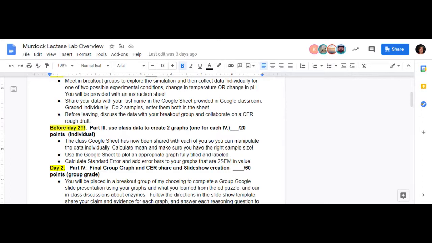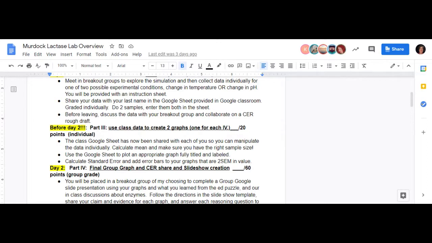If the axes are labeled, you get 2 points. If you have a graph curve, you get 2 points for that. Unless you do something really weird, like give me a pie chart, as long as you make 2 graphs and you have error bars attached, which you'll learn how to do today if you don't know how, there's no reason you shouldn't get 20 out of 20 on this. But again, I'm not going to tell you if your title's good.